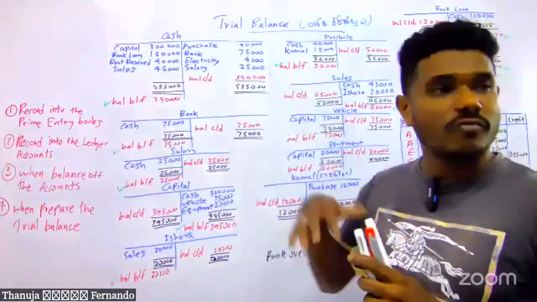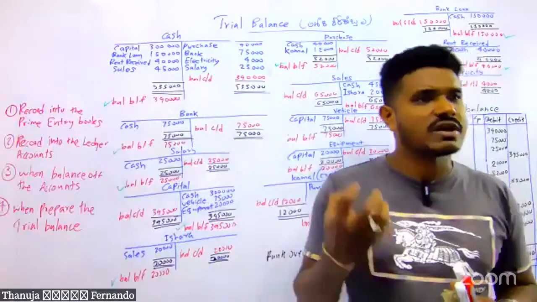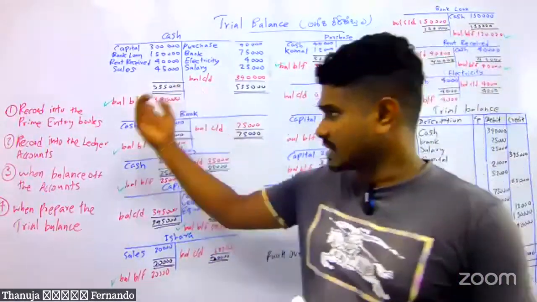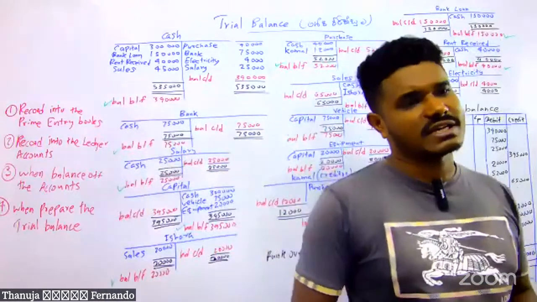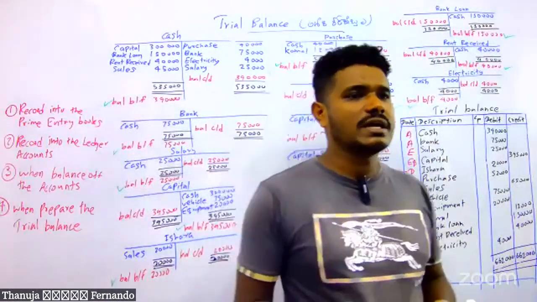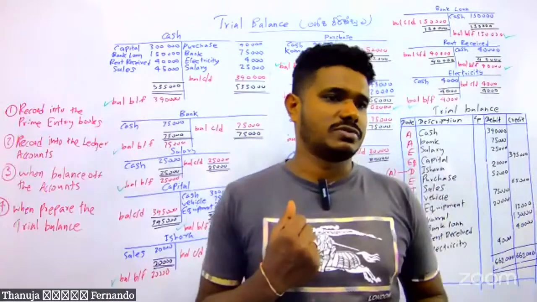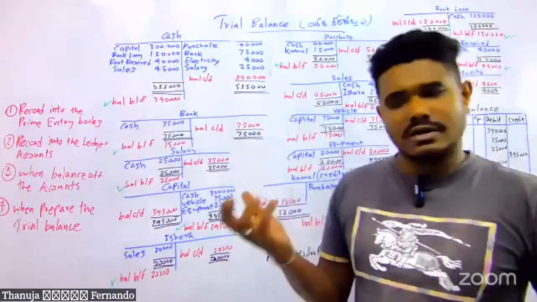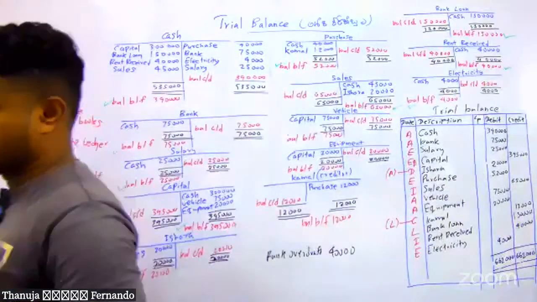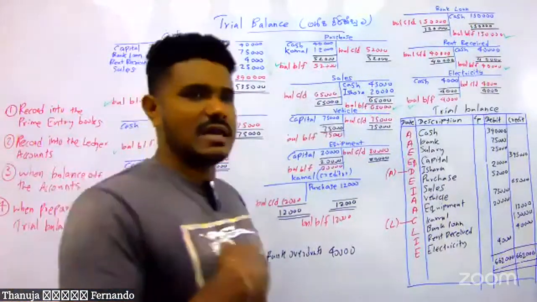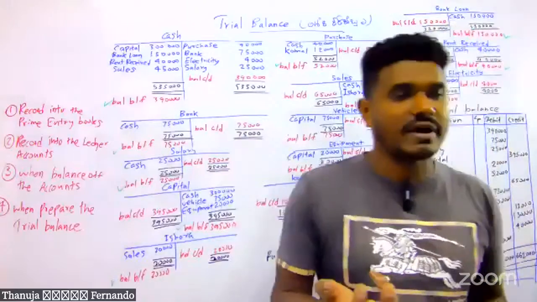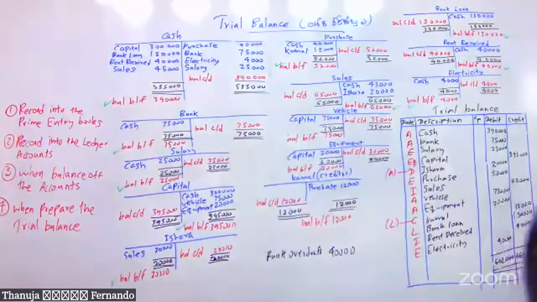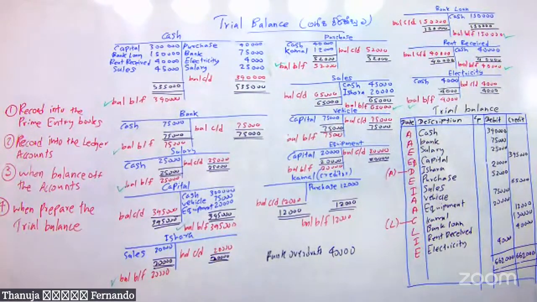First one, when transactions are recorded in the prime entry books. The second one, when the transactions are recorded to the ledger accounts. The third one, when balancing of ledger accounts. And the final one, when the trial balance is prepared.